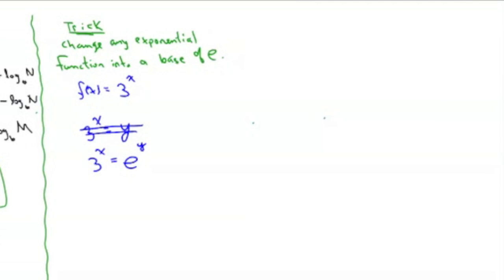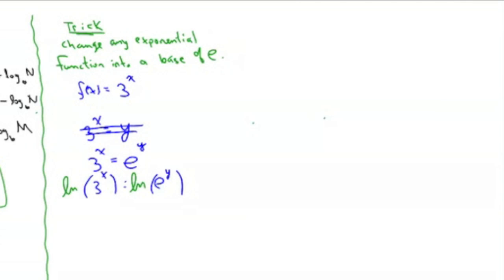So what you can do to this equation is apply that function to both sides. Here's 3 to the x, here's e to the y, and you apply this ln function to both sides. Now the cool thing happens when ln and e are right next to each other.